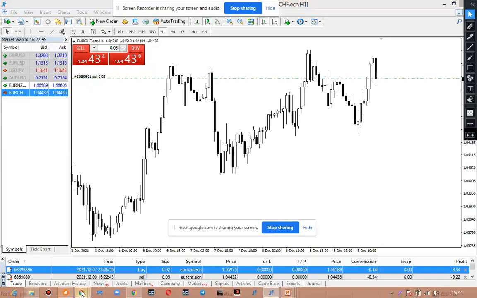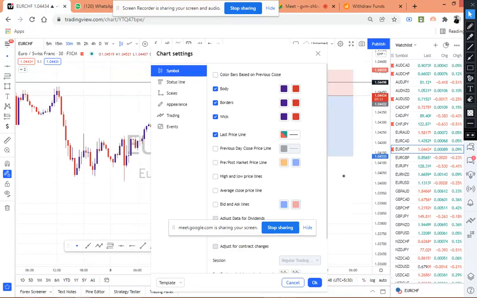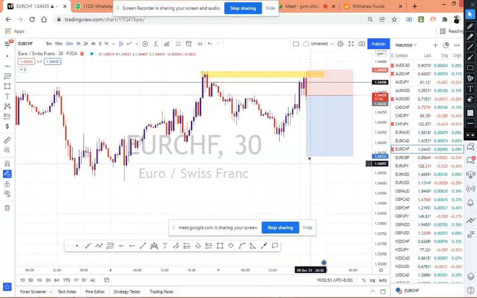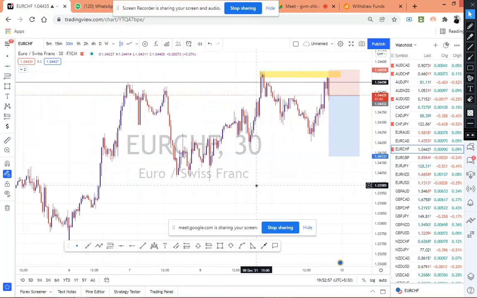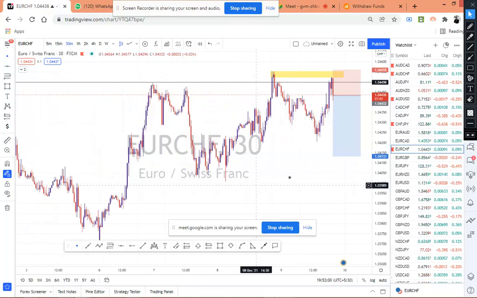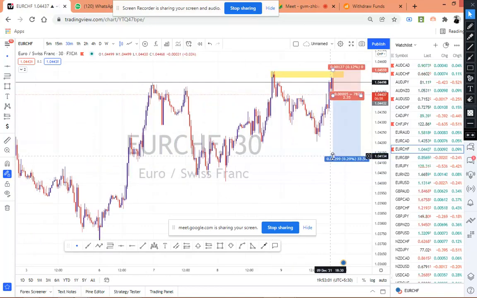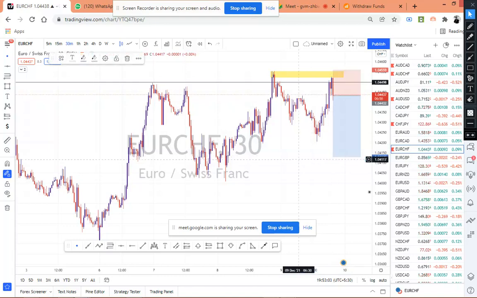Then my stop loss level, sorry, my take profit target should be at least 30 pips.